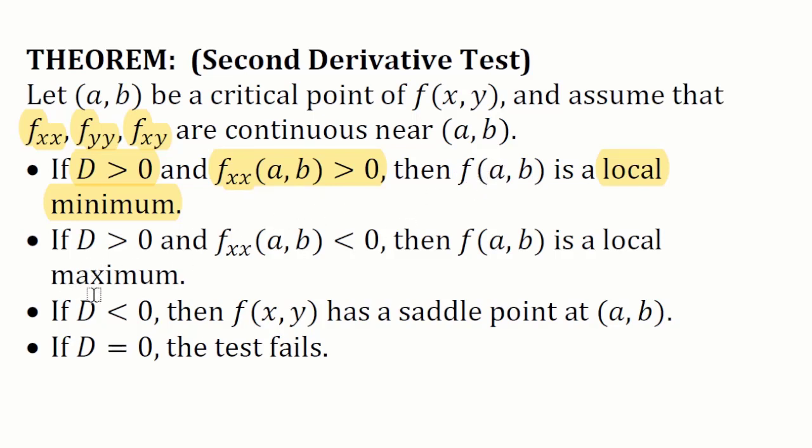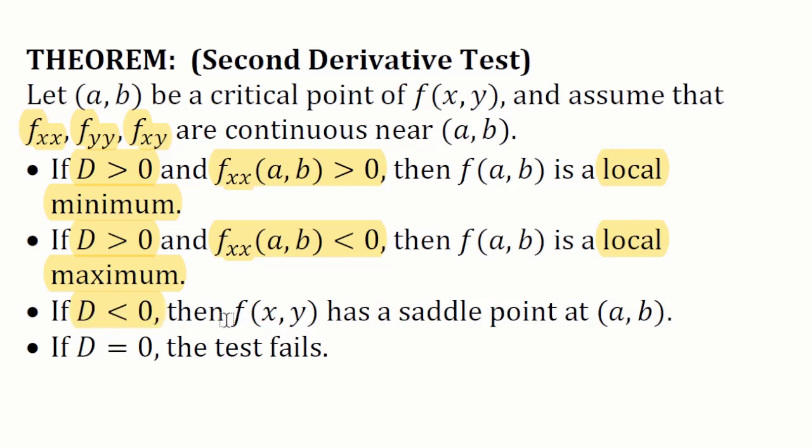And then similarly, when you're substituting that a comma b point into the D expression and getting a positive D, but then your f sub xx at that point is negative, this is the switch right here, then the function f has a local maximum at that point. And then there could be times where the D expression falls negative.